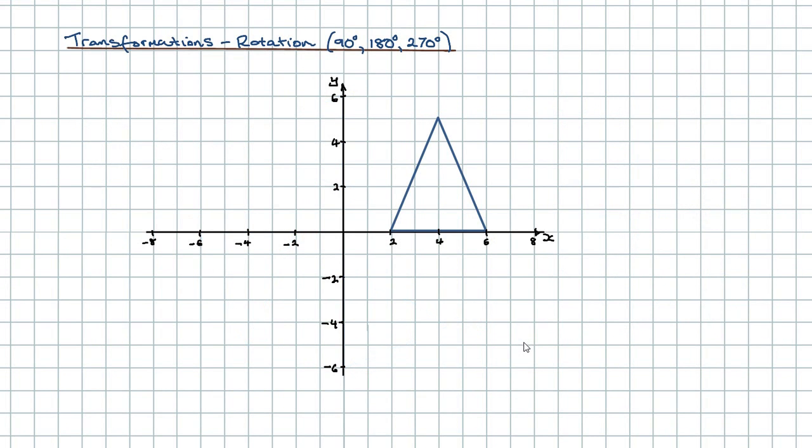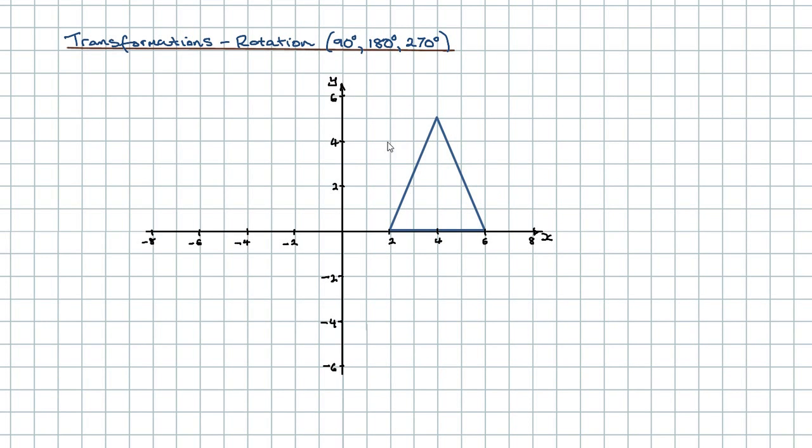Okay, so what happens though if we don't have a centre of rotation at the origin, at 0, 0? So let's suppose, for example, we had something like this. Then we can clearly see that the centre of rotation is no longer at the origin.